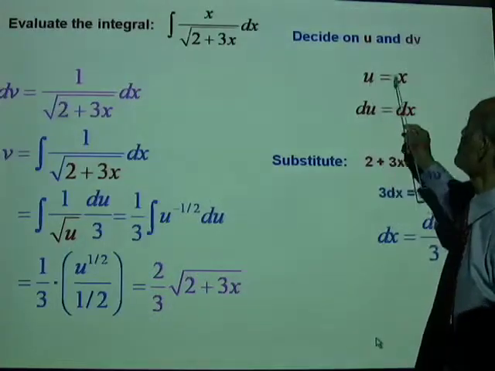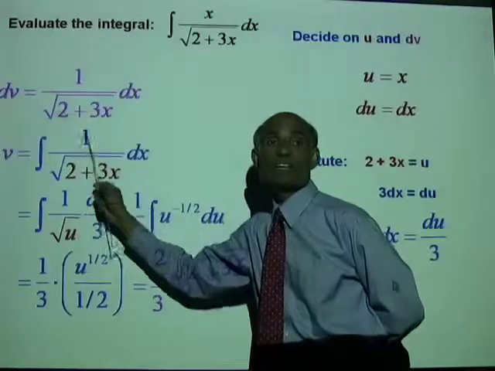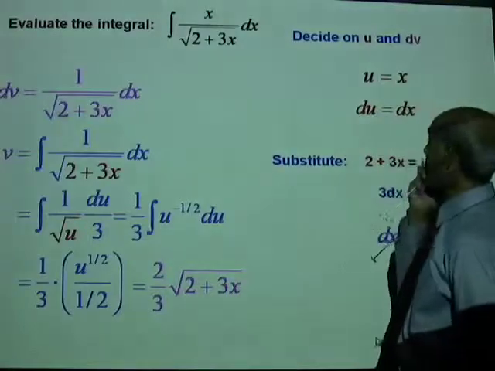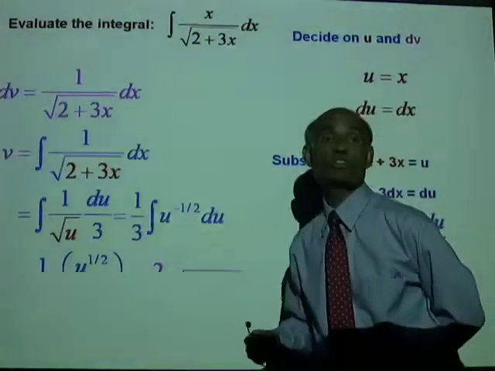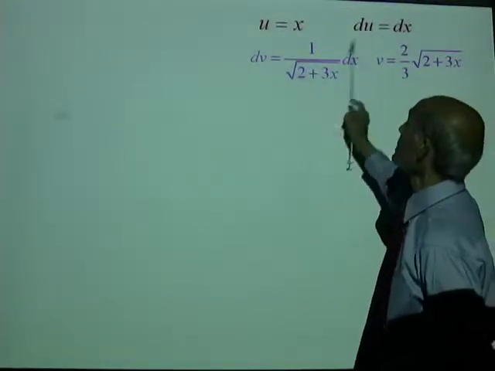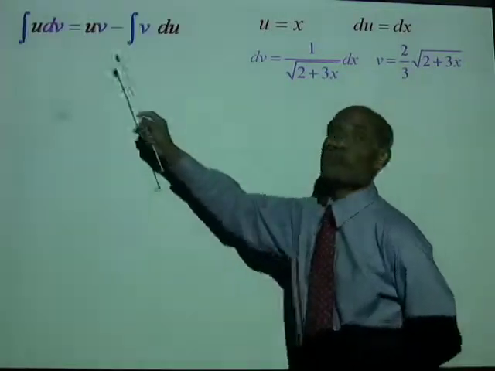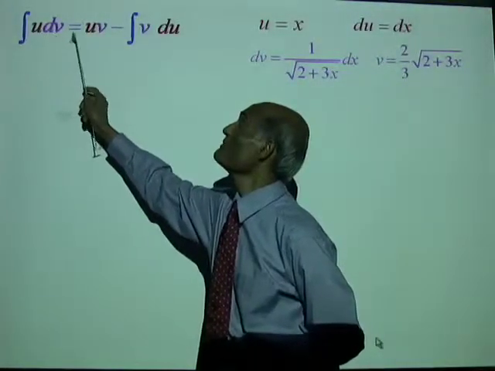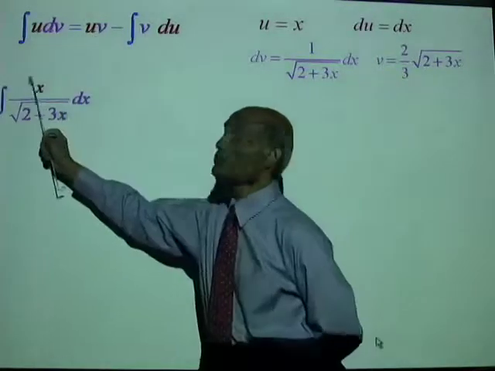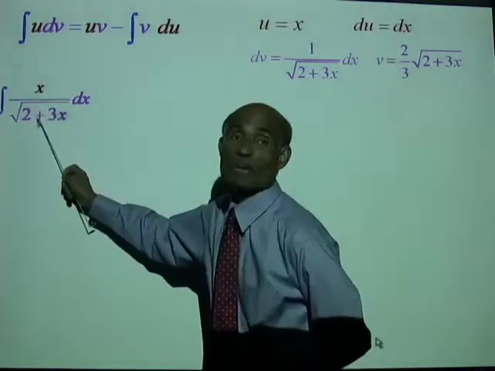Once again, our u is x, our du is dx, our dv is this quantity, and our v is this. And now we can take these and use our integration by parts formula. You got u, du, dv, and v available there. Therefore, integral u dv is uv minus integral v du, and this is our original form of integration.